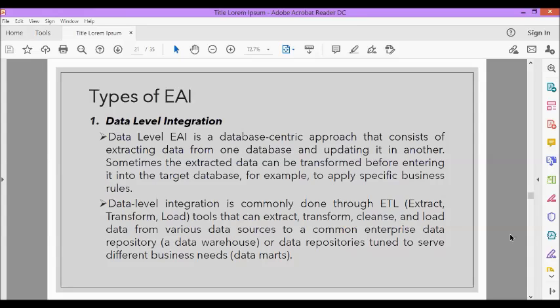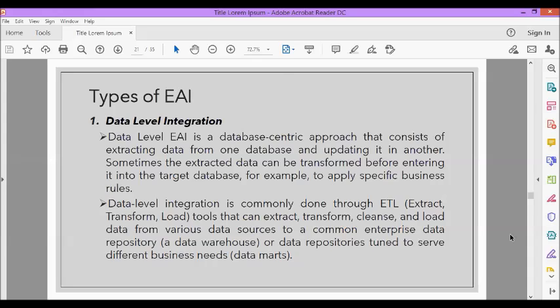Data level EAI is a database-centric approach that consists of extracting data from one database and updating it in another. Sometimes the extracted data can be transformed before entering it into the target database, for example, to apply specific business rules.